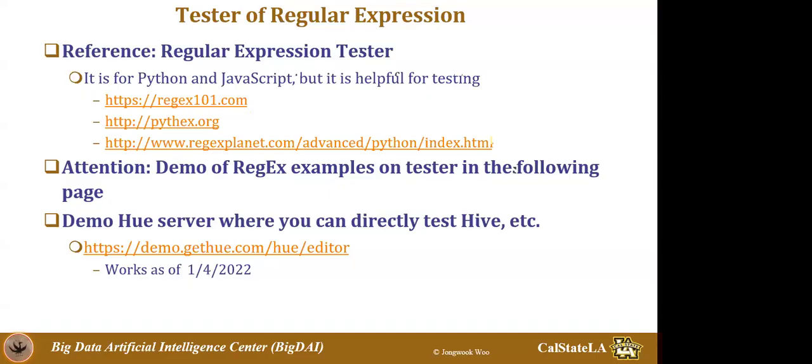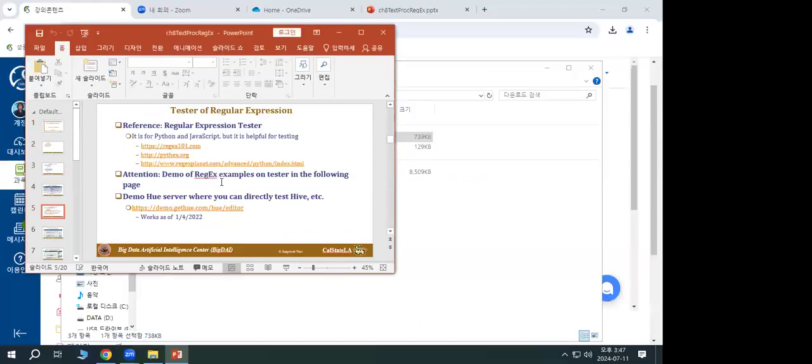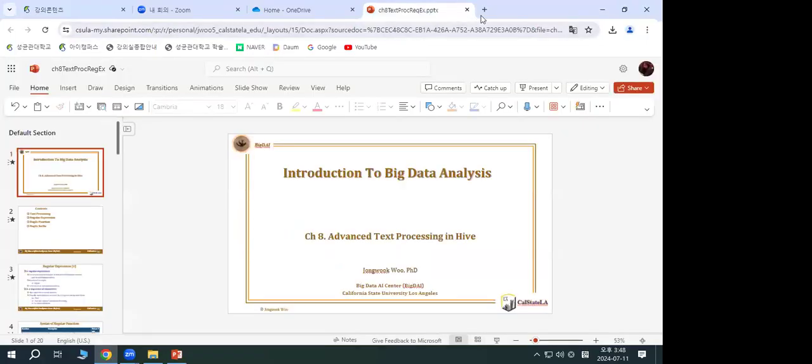Yeah, so I'll show you how you can use it today. Let me open these three links first. So if you want, you can open it now as well. You can just copy it and paste it.